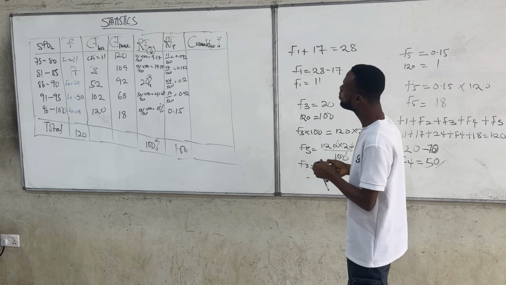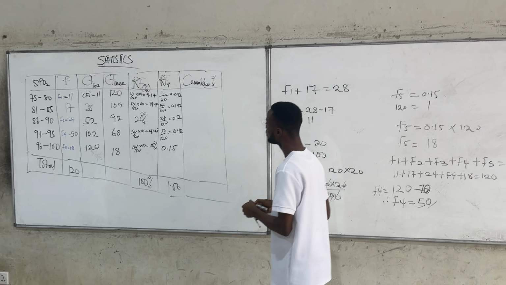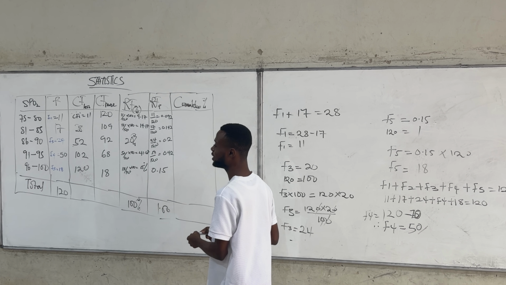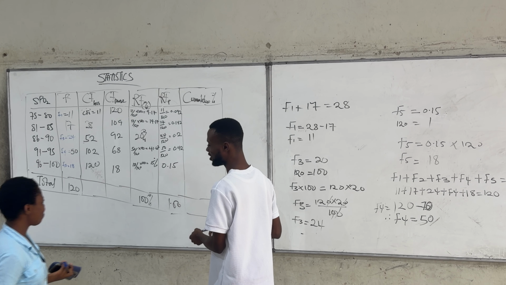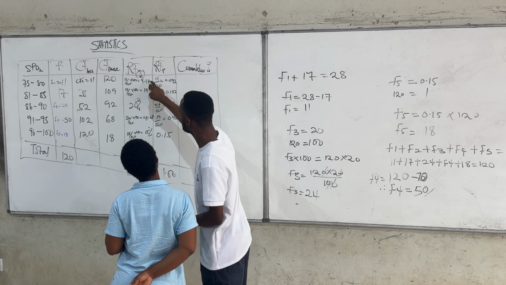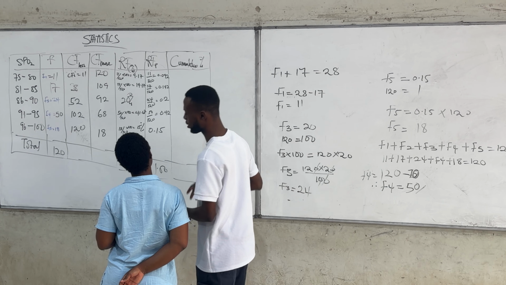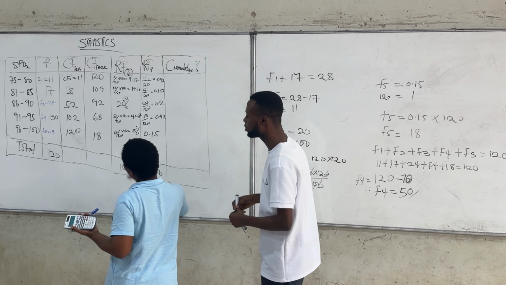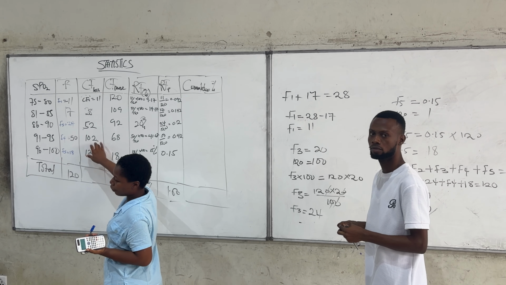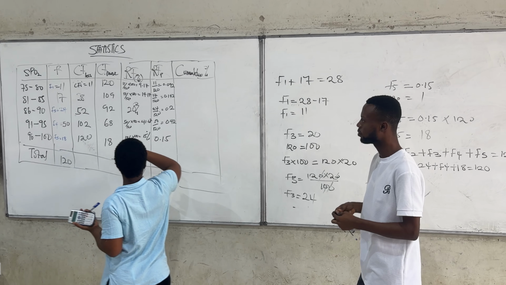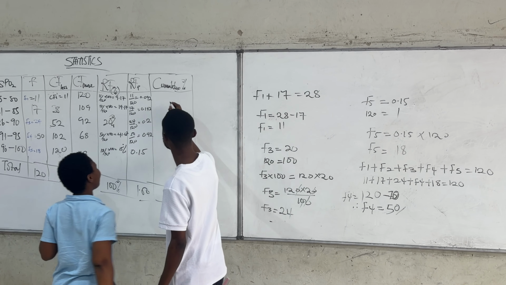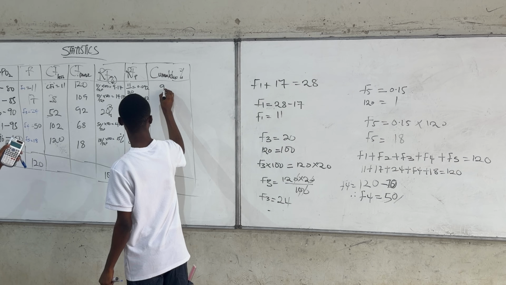Then we come to the cumulative percentage. So we are going to use the diagonal approach we use for the CF exercise. So the first cumulative percentage will be the RF percentage.